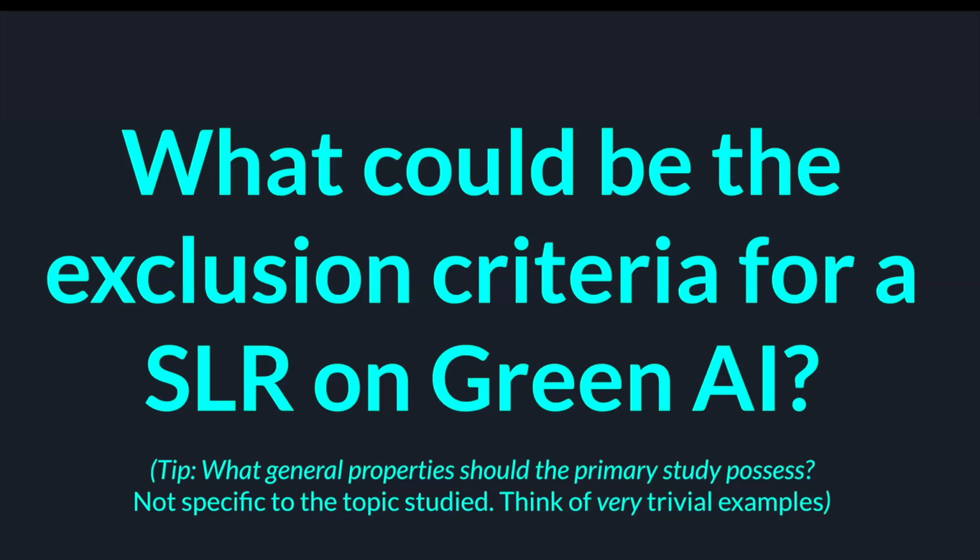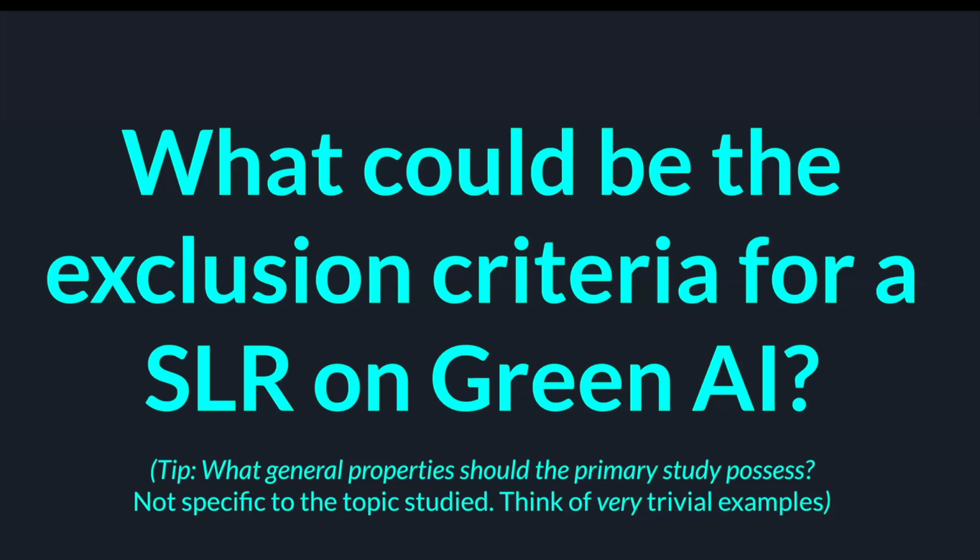Exclusion criteria, these are the syntactic ones, the more general properties that the primary study should possess. Not in English, because who knows, I was working with a Portuguese and a French lady, so we couldn't understand anything which was not in English because we all had to read those papers, right?